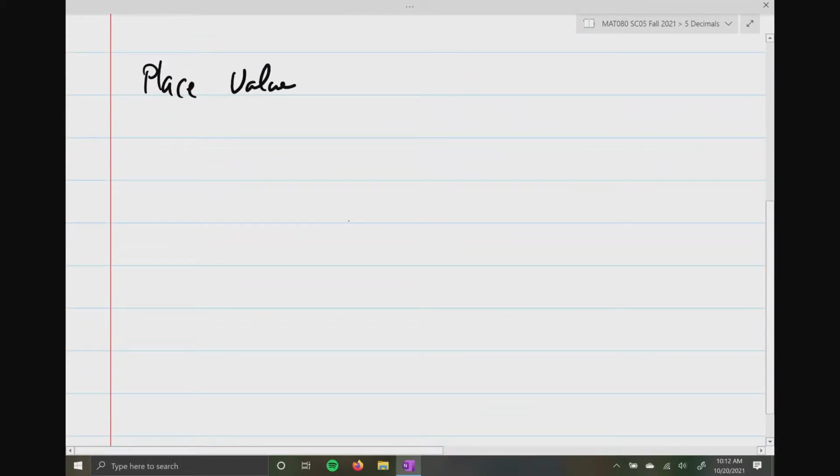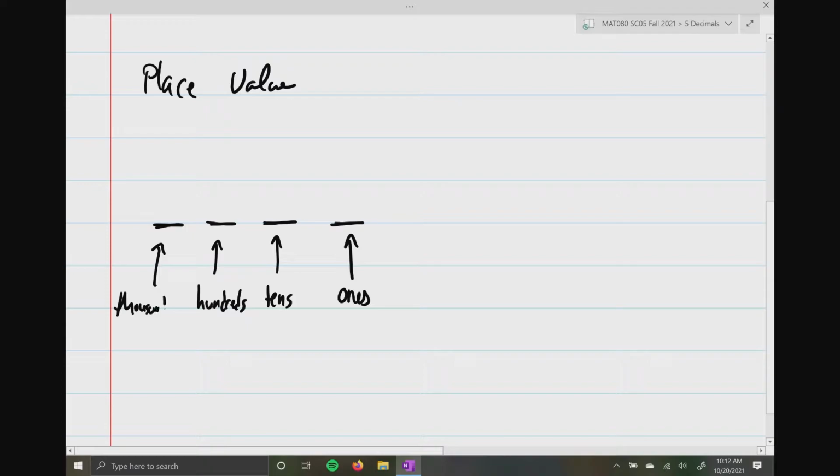So we know that if I were just to write out a number, that would be the ones position. This would be the tens position. This is the hundreds, and this is just a whole number. Hundreds, thousands, and then everything repeats. If I keep going to the left, you got 10,000s, 100,000s, and then millions, 10 millions, and so forth.